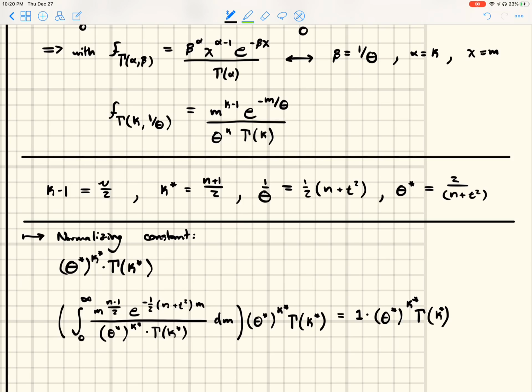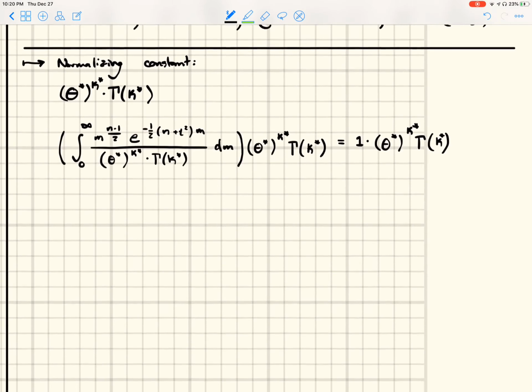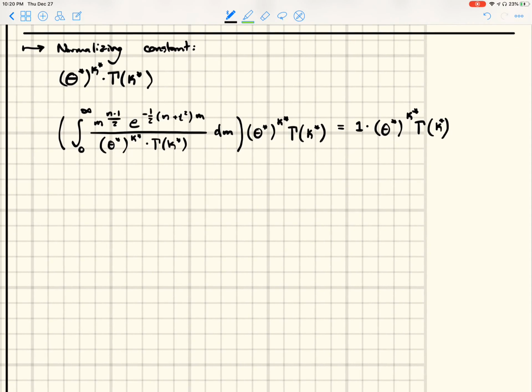Now, from here, we can show that what we created with our integral is in fact nothing other than the integral of a gamma distribution. Why is that?